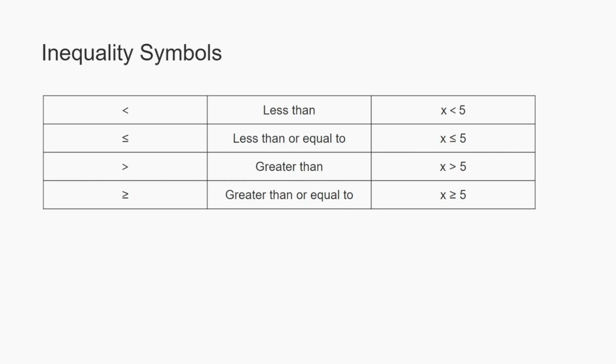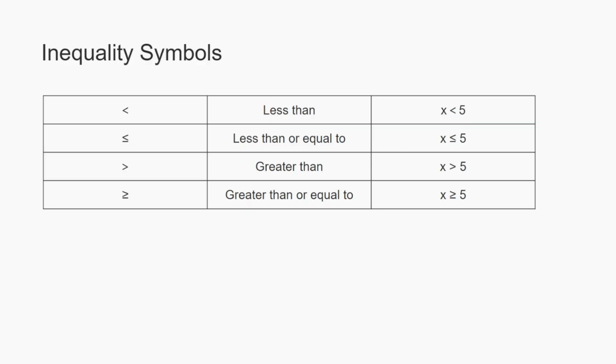Now, let's go over the inequality symbols. Instead of an equal sign that you see in an equation, you'll be seeing one of these symbols. This one means less than, this one means less than or equal to, this one means greater than, and this one means greater than or equal to. The only difference between less than and less than or equal to is this bottom line here that stands for equal.